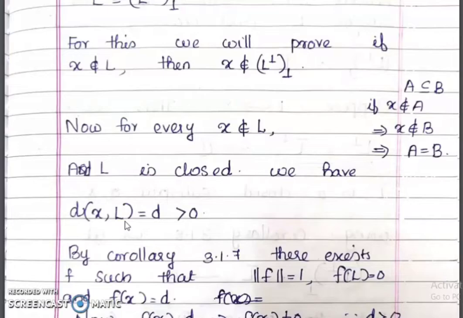Infimum means some number D is called infimum, then D is a greatest lower bound.